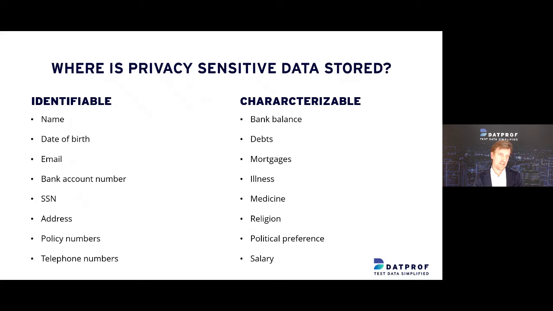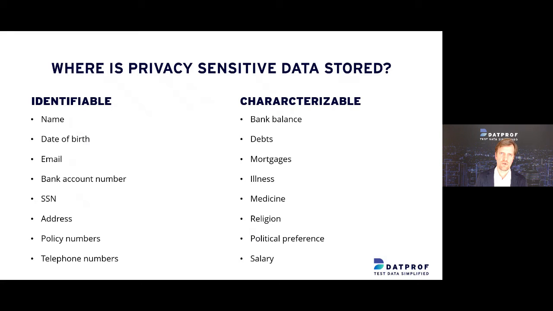Some of the information that was written down in this slide can also be found in public sources, especially the identifiable data. Not everything that's available in the identifiable selection should be found in public sources. But for example, a name can also be found in public sources.